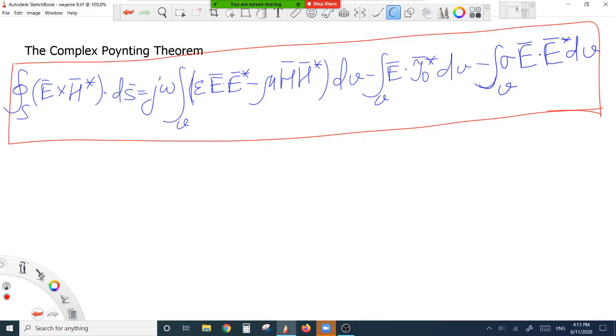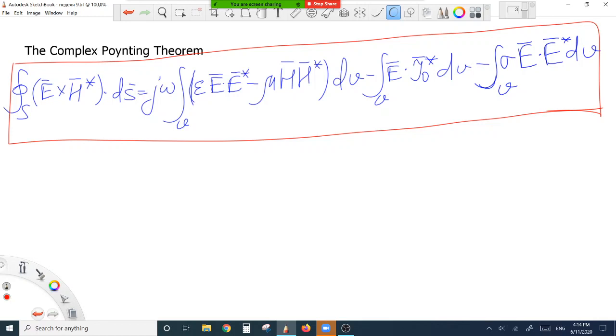As we mentioned at the beginning of the previous lesson, the use of the complex Poynting vector is for the purpose of calculating time averaged quantities.